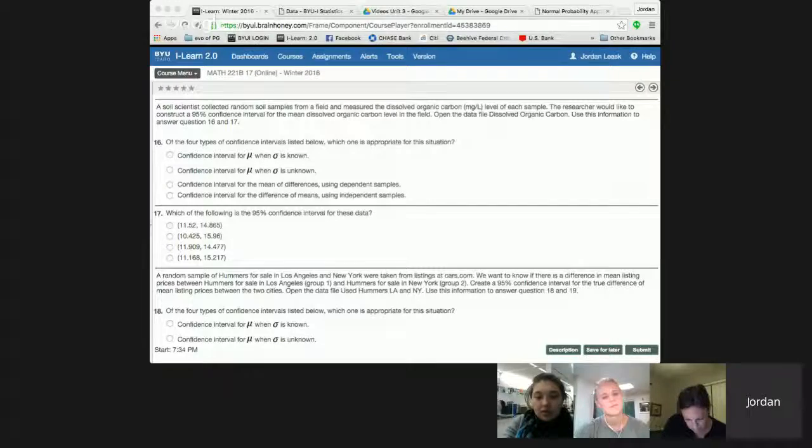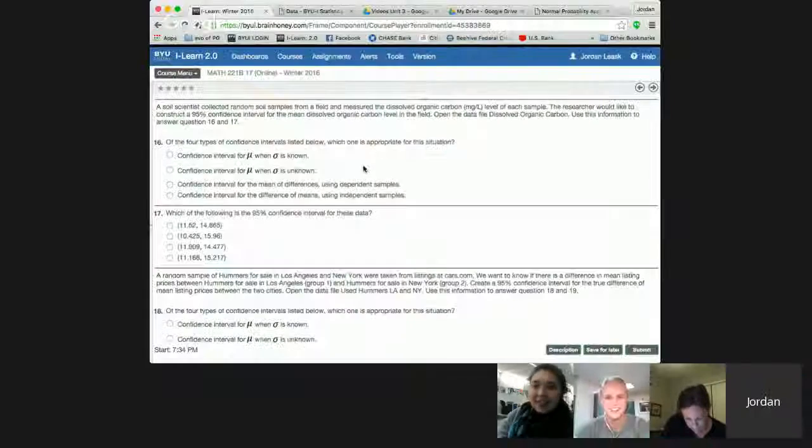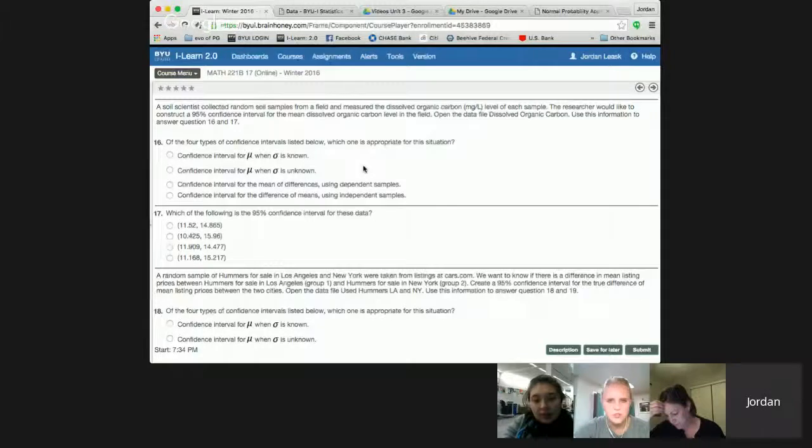Kind of forgot what I'm supposed to be calculating here. Okay, I forgot about the problem. Let's go back. Of the 4 types of confidence intervals listed below, which one is appropriate for this solution? Okay. Oh, so we don't have the standard deviation, right?